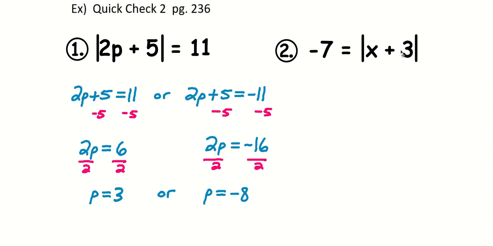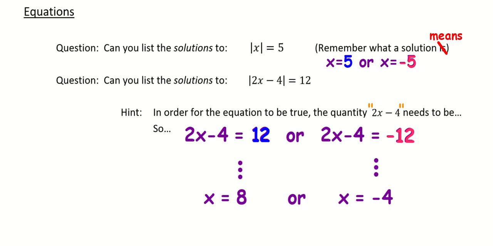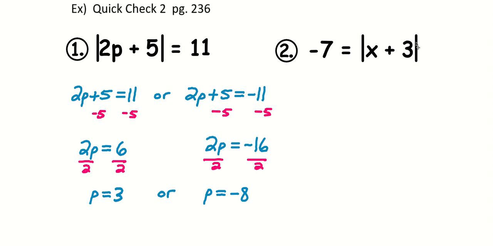Like, what would this x plus 3, if you thought of this from the original approach, need to be in disguise? The absolute value of what equals negative 7? Wait a minute. Is the absolute value of something ever negative? Well, guess what? No.